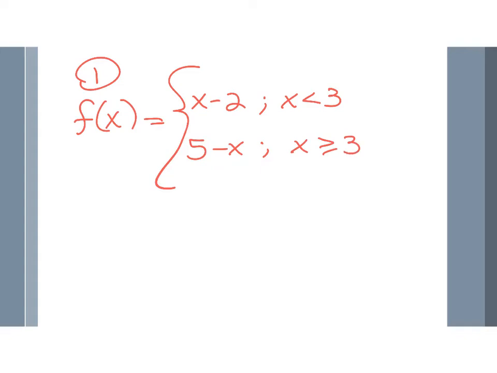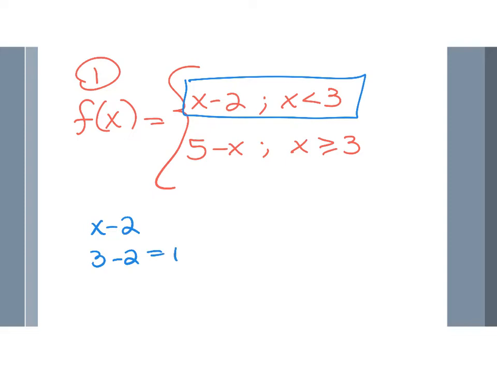So let's go ahead and see if we can get some ordered pairs, and let's see if we can graph this one. So for this one, I'll do this one in blue. So I'm going to pick values. I'm going to start with 3, and I'll just put an open circle for that one. So x minus 2, I'm going to plug in 3, and I get 1.